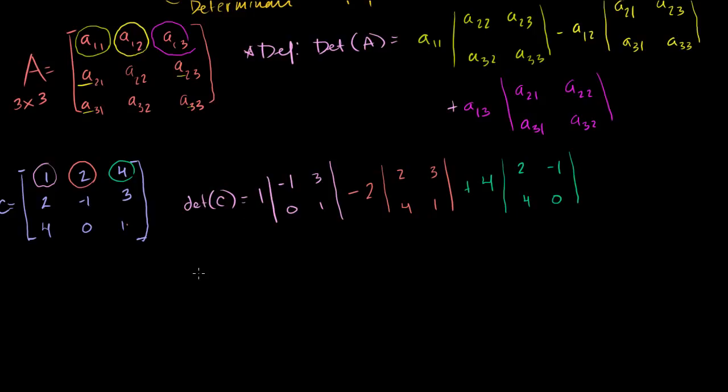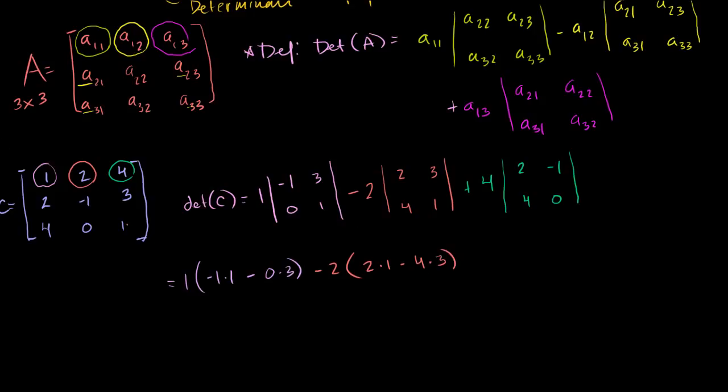Let's actually do it. So this is going to be equal to 1 times what? -1 times 1 minus 0 times 3. This just comes from the definition of a 2 by 2 determinant. We've already defined that. And then we're going to have a -2 times 2 times 1 minus 4 times 3.